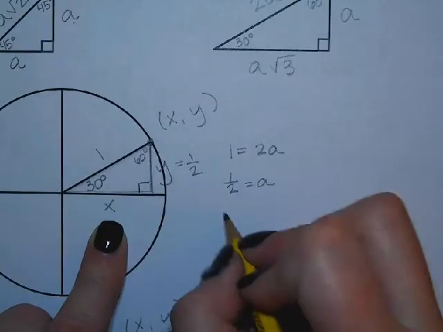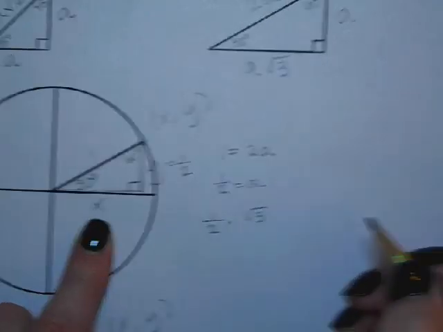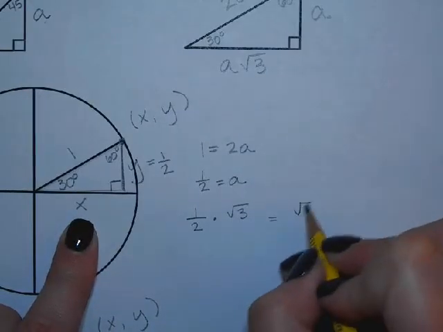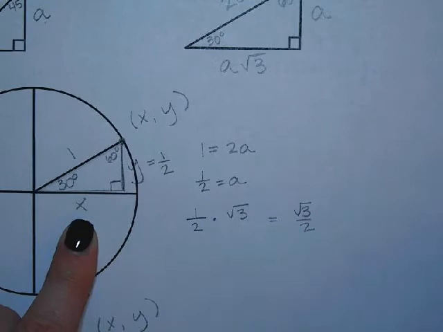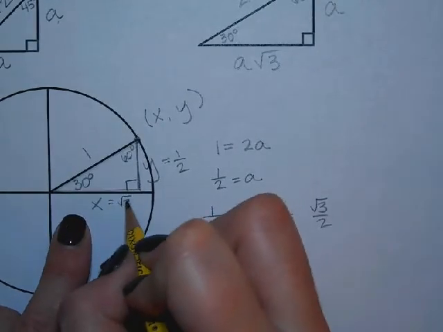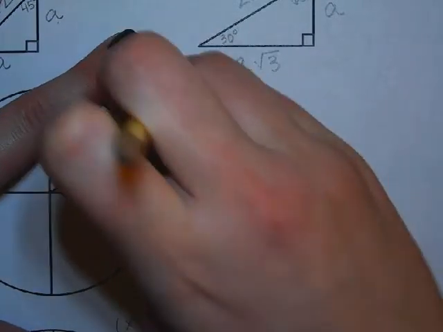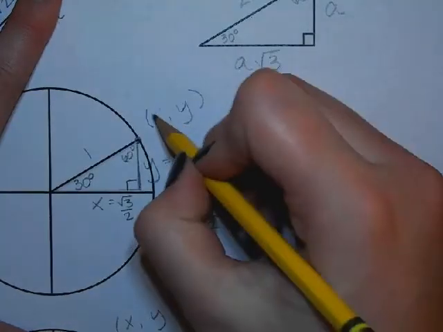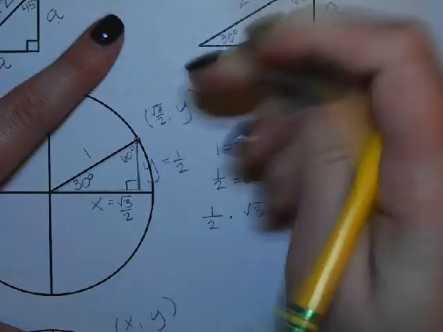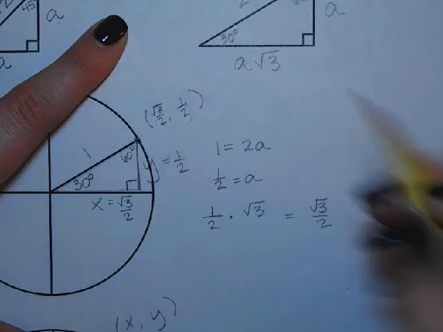Okay, so 1/2 times root 3 is root 3 over 2. Okay, so at 30 degrees, our x-coordinate is root 3 over 2, and our y-coordinate is 1/2.